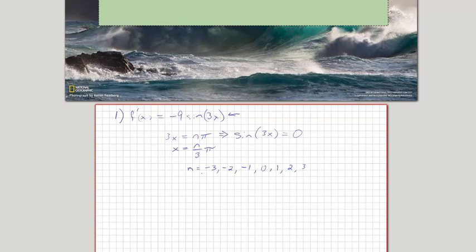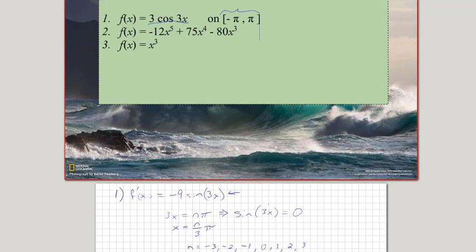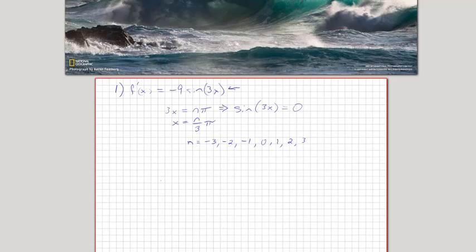So what that tells me is, at those points, those could be where this function changes from a positive slope to a negative slope, or vice versa. Okay, so let me graph these and see what's happening.